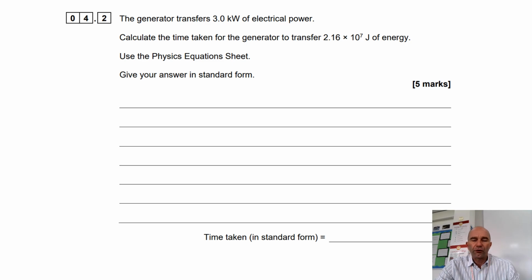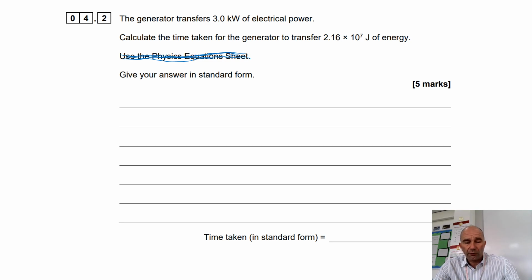The generator transfers 3 kilowatts of electrical power, and then we need to calculate the time taken for the generator to transfer 2.16 times 10 to the 7 joules of energy. And it says use the physics equation sheet. So again, we can ignore that comment because we're going to be using formulas that you need to know.